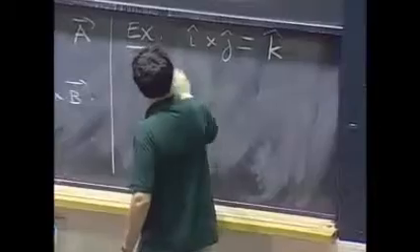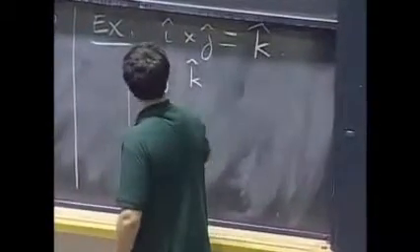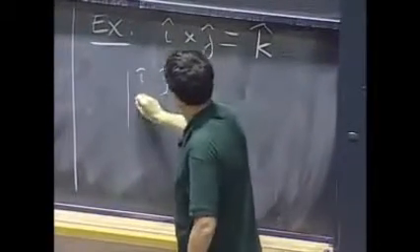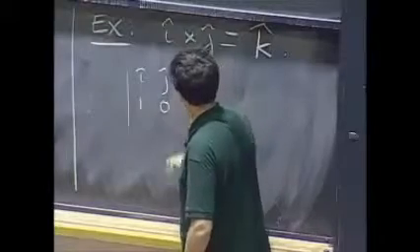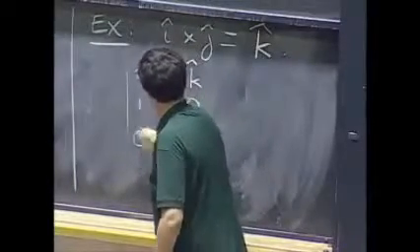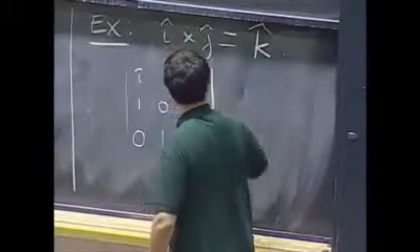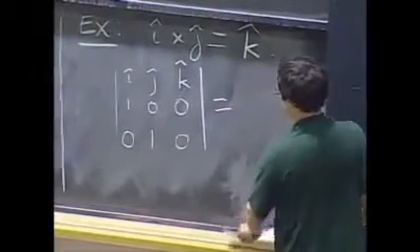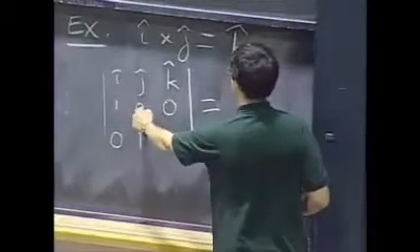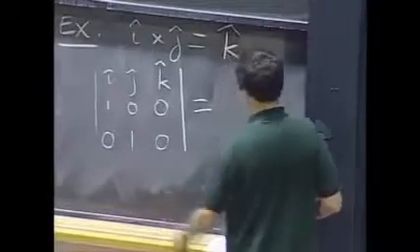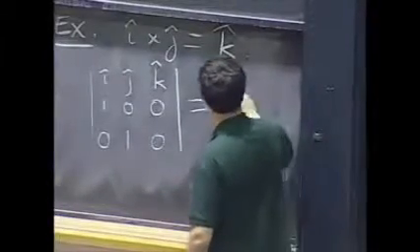Well, let's check with the definition. ijk, what is I? I is 1, 0, 0. J is 0, 1, 0. Well, so the coefficient of I will be 0 times 0 minus 0 times 1, that's 0.